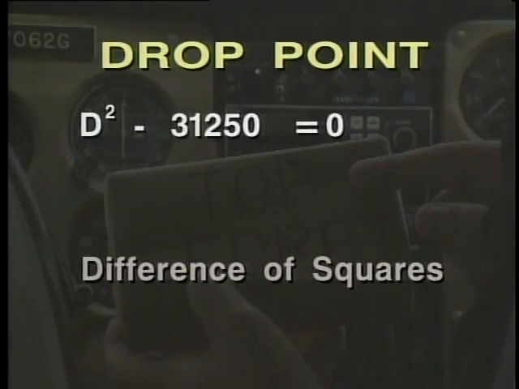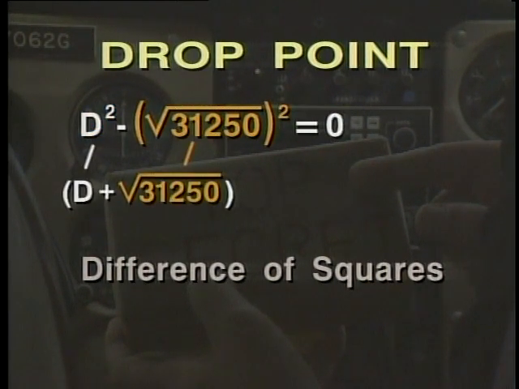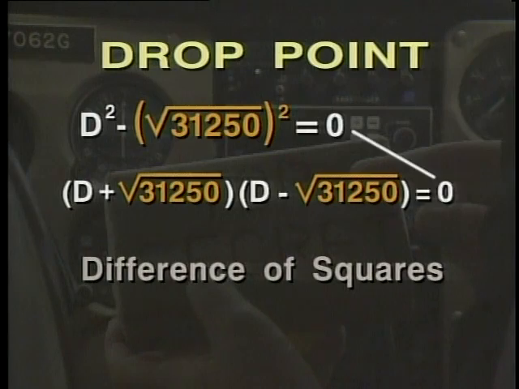See, 31,250 is the same as the square root of 31,250 squared. So we have one term squared minus another term squared. And this factors as d plus the square root of 31,250 times d minus the square root of 31,250 equals 0. Once I factored it, I practically had it solved.